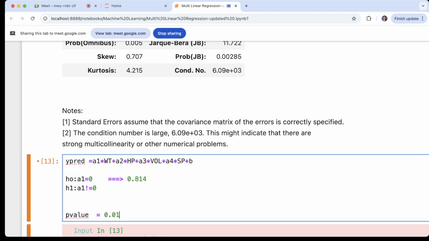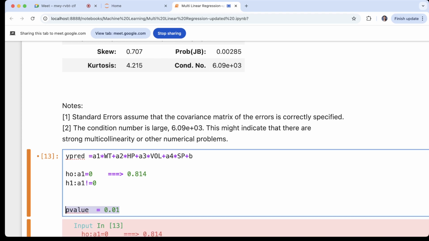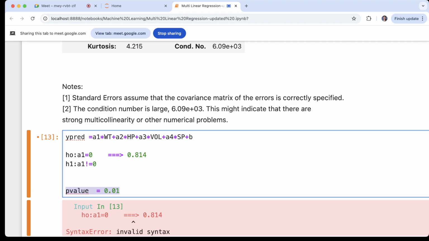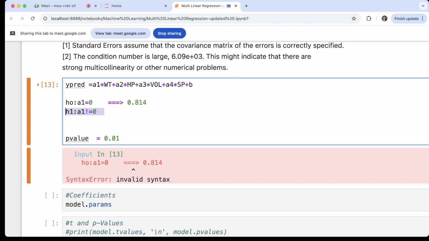And for the p-value, if it is high, accept the null hypothesis. If it is low, reject the null hypothesis and accept the alternate.